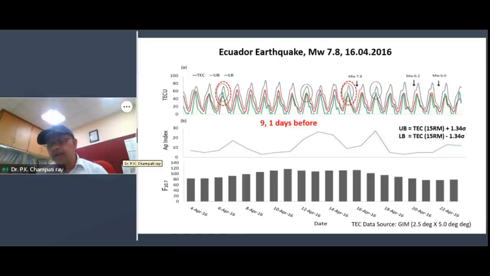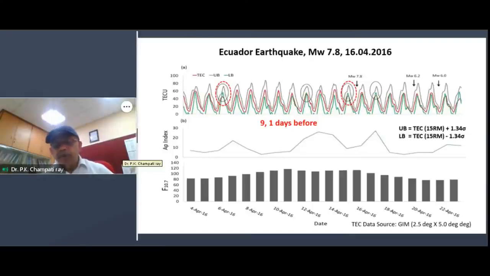A high solar flare can also cause change in the electron content. So the solar flare and magnetic storm effects are ruled out by looking at those data sets. Since we are looking at the lower anomaly, the very interesting thing is that magnetic storm and solar flare can actually cause an increase. So whenever there is a decrease, obviously it will not have the influence of these two phenomena.